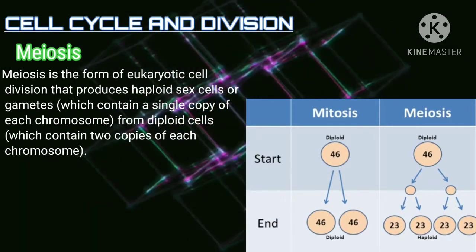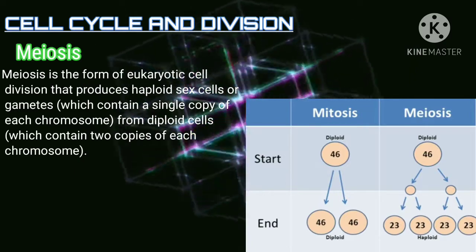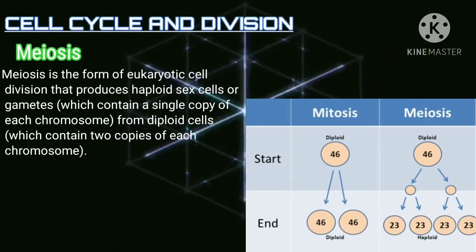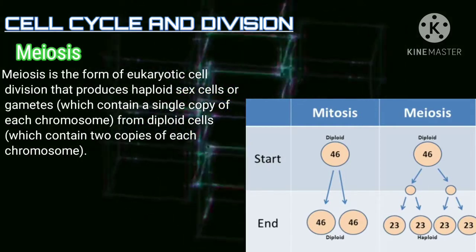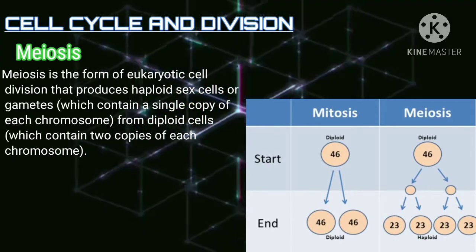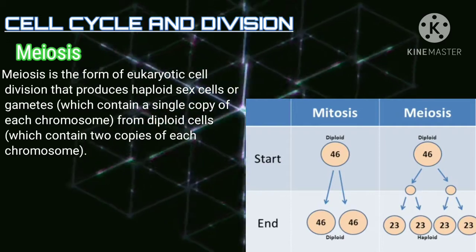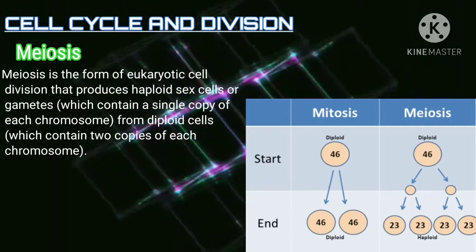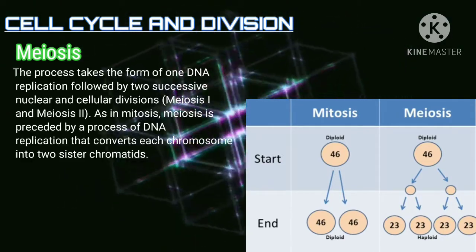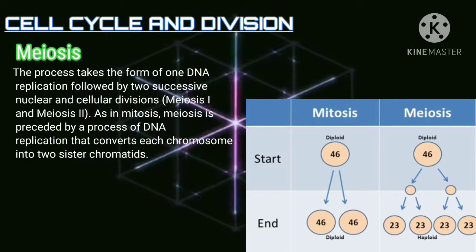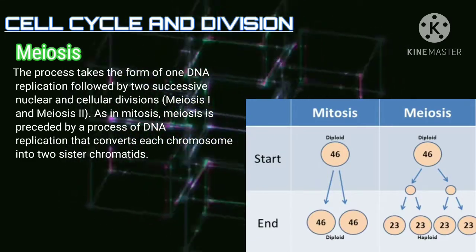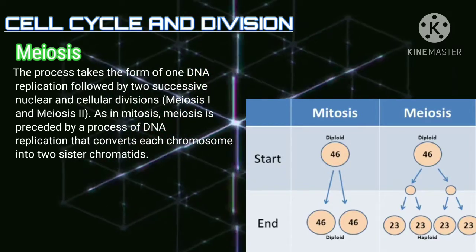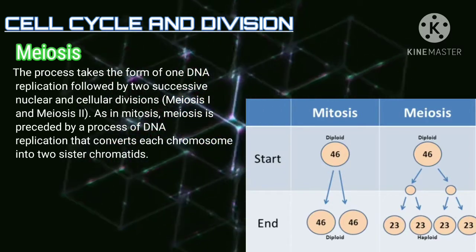So, meiosis is a process which produces cells containing a single copy of each chromosome from diploid cells, which contain 2 copies of each chromosome. The process takes the form of 1 DNA replication followed by 2 successive nuclear and cellular divisions, meiosis 1 and meiosis 2.